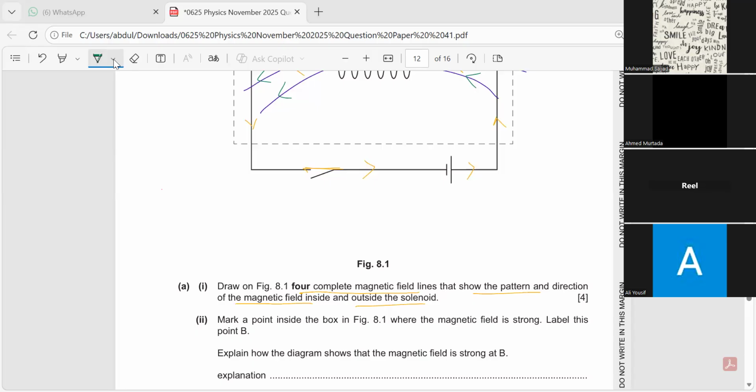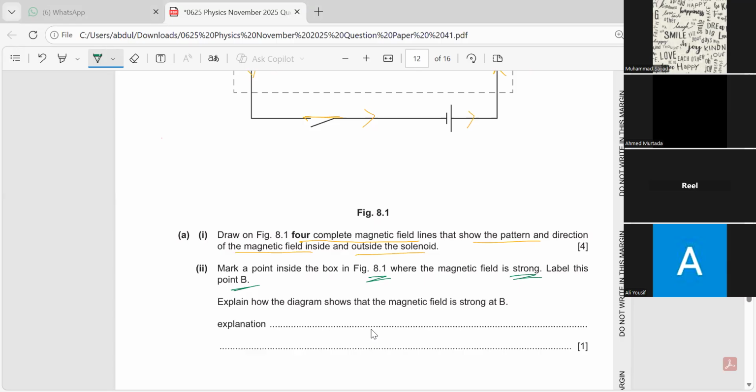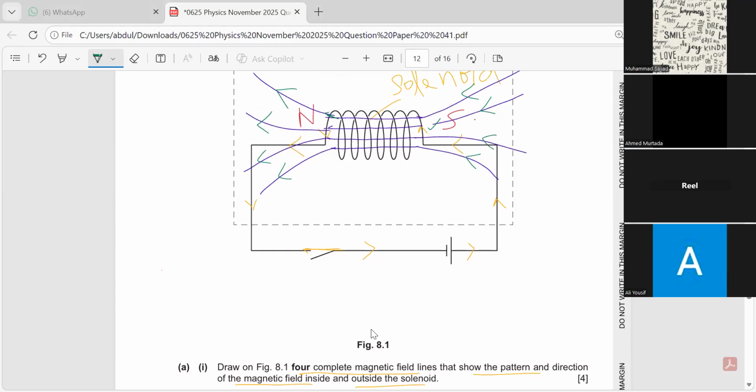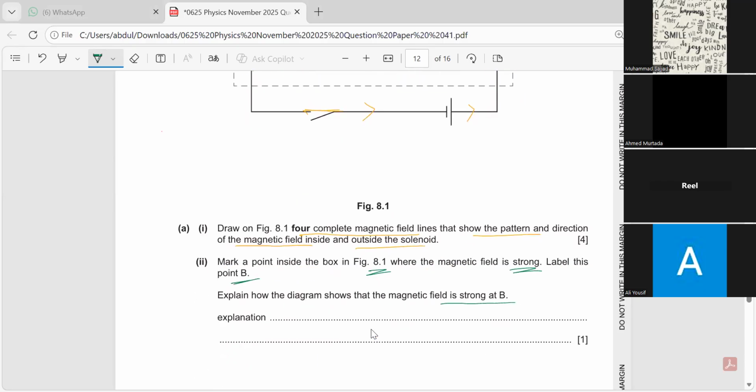Now, mark a point inside the box in figure 8.1 where the magnetic field is strong. Label this point B and explain how the diagram shows that the magnetic field is strong at B. So any point, like I can say this is the point, and here I can mark that letter B, field is strong over there. Why?